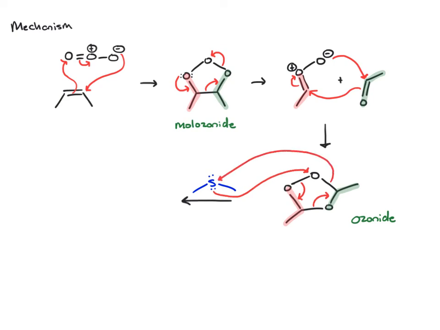So there's a lot going on there, but the sulfur ends up forming a double bond to this oxygen. And that gives us a species known as DMSO, dimethyl sulfoxide.